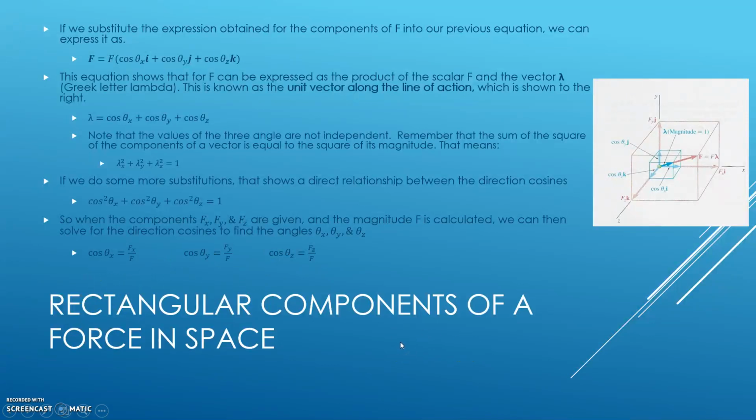Okay, so let's see if we can figure this out a little bit more. We are just going to do concept application 2.5, so you can see how this works.